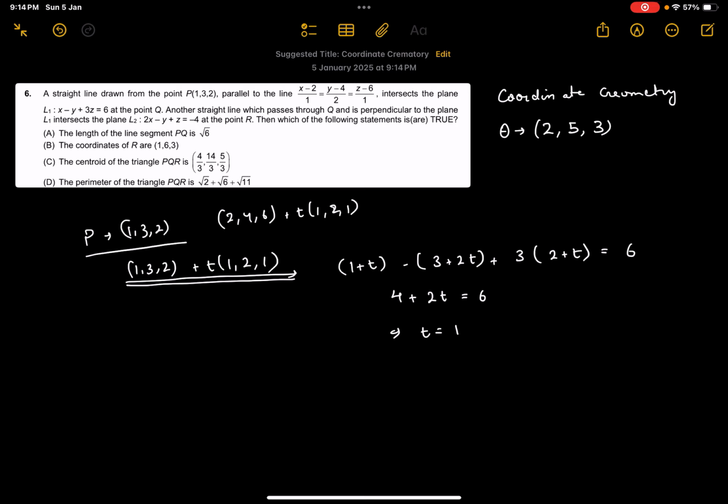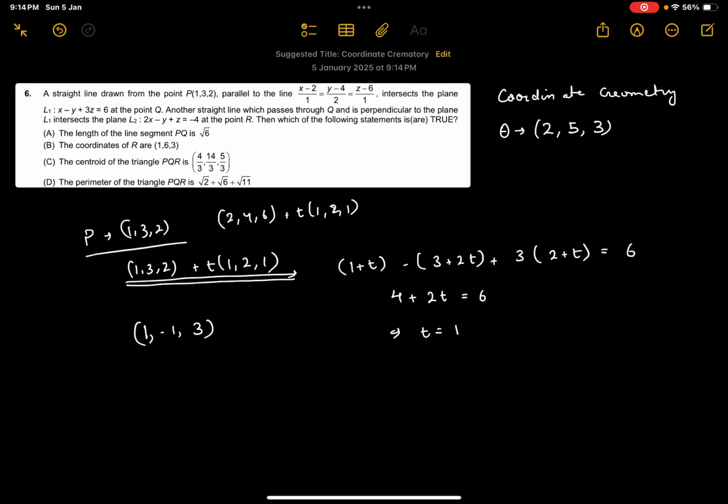Now we need to find the straight line passing through Q and perpendicular to the plane L1. So we need a vector perpendicular to plane L1. Luckily for us, that vector simply is (1, -1, 3). That is, the coefficients of x, y, and z give us a vector which is perpendicular to L1.